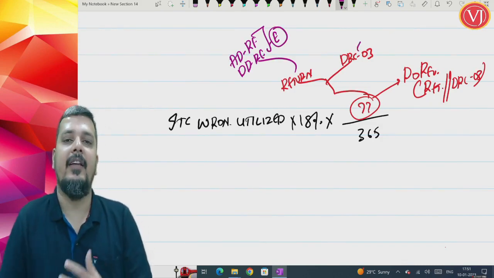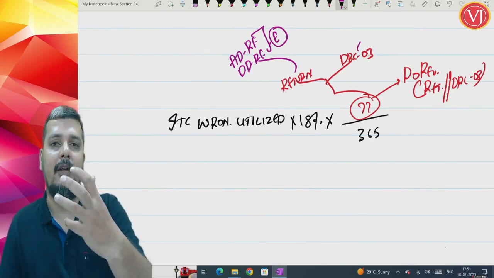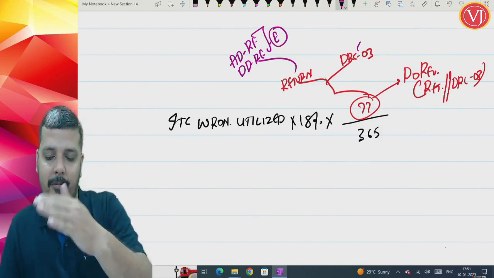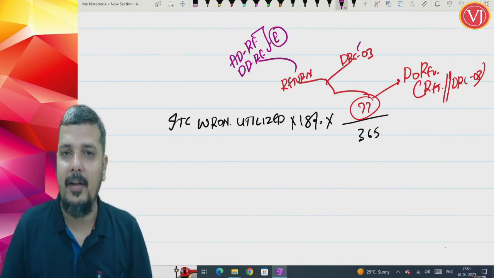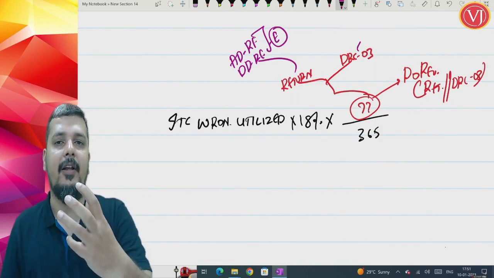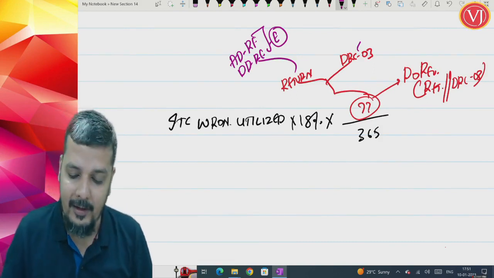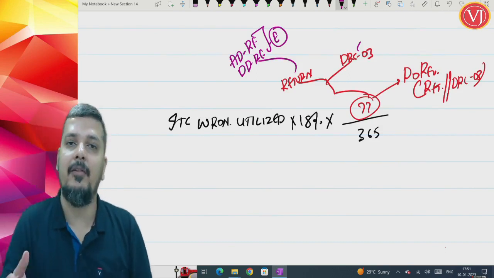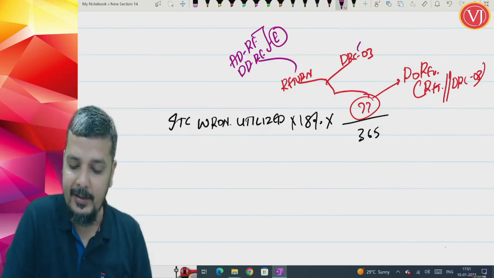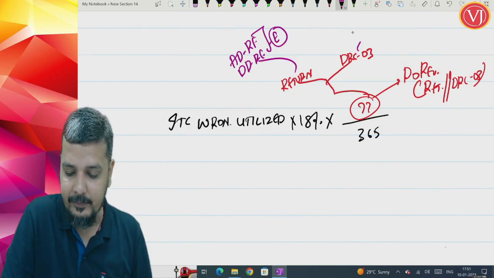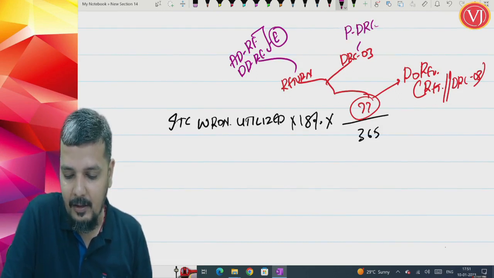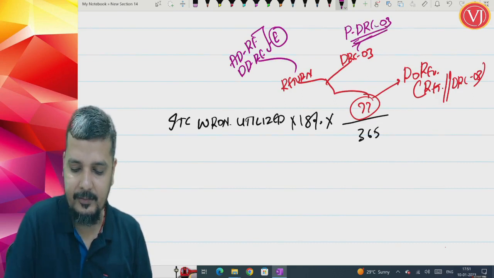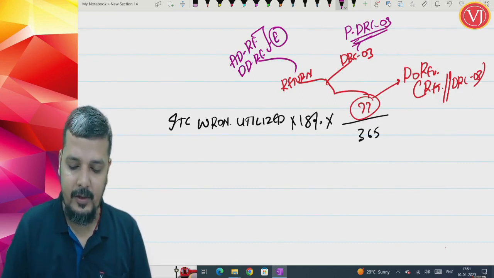If your balance in electronic credit ledger falls below the amount of wrongly availed ITC not because of filing a particular return but because of paying old dues by DRC03 challan, then the from date is the date of payment by DRC03 challan. So that is how you have to understand.